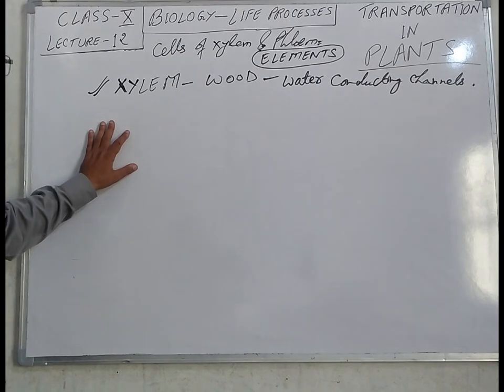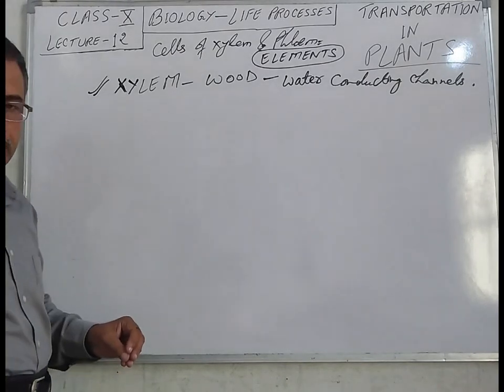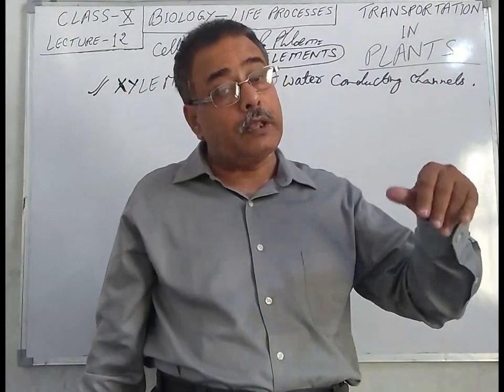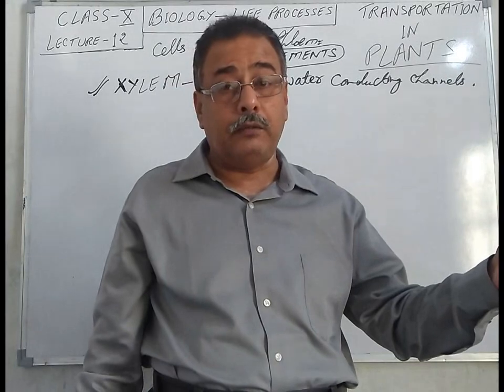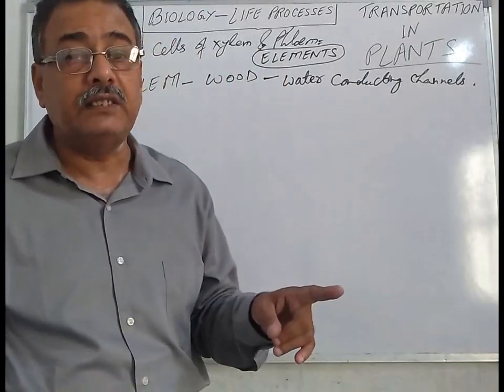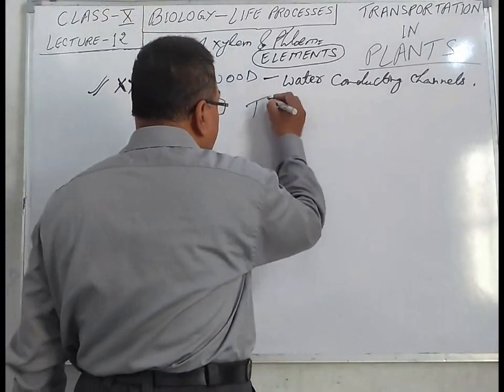That is known as transpiration. The loss of water in the form of water vapor from the aerial part of the plant, especially leaves, is termed as transpiration.